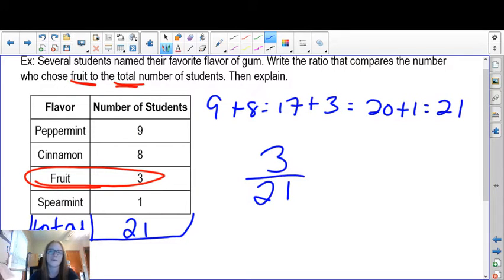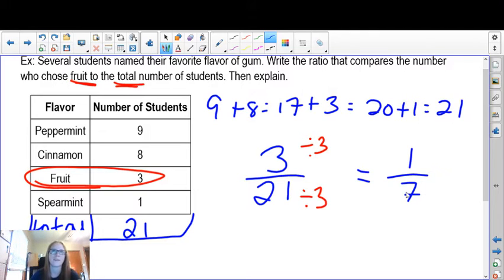Now, it doesn't explicitly say it in here, but do you think we're going to need to leave it like this, or should we simplify it? We should simplify it. Okay, so what can I divide out of both a 3 and a 21? We can divide both by 3. 3 divided by 3 is 1. 21 divided by 3 is 7.